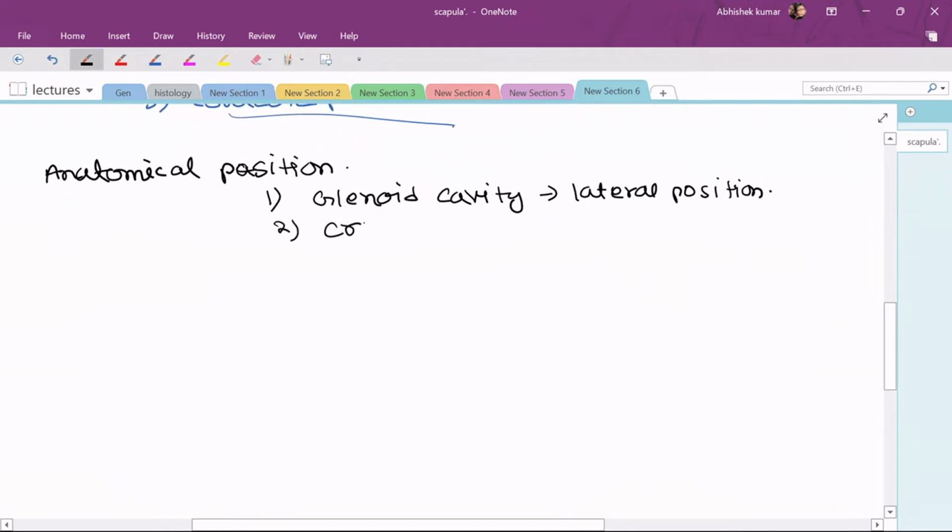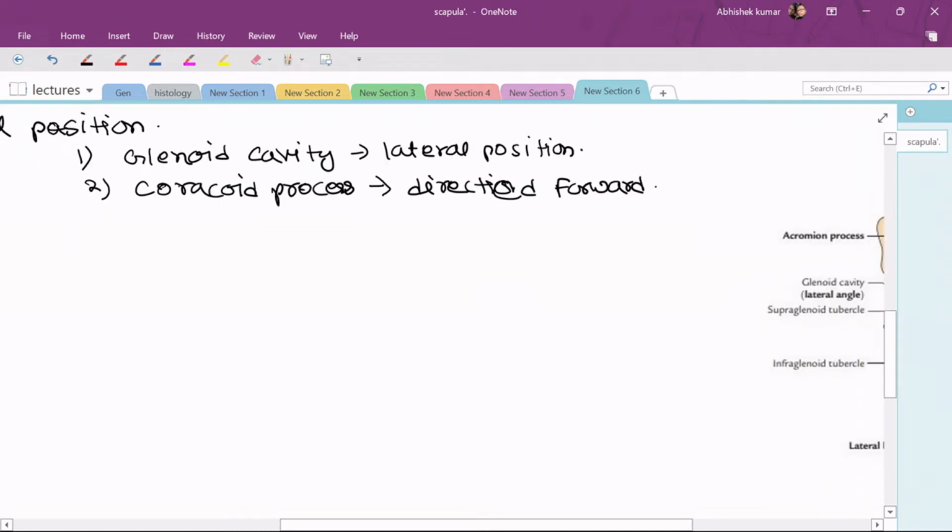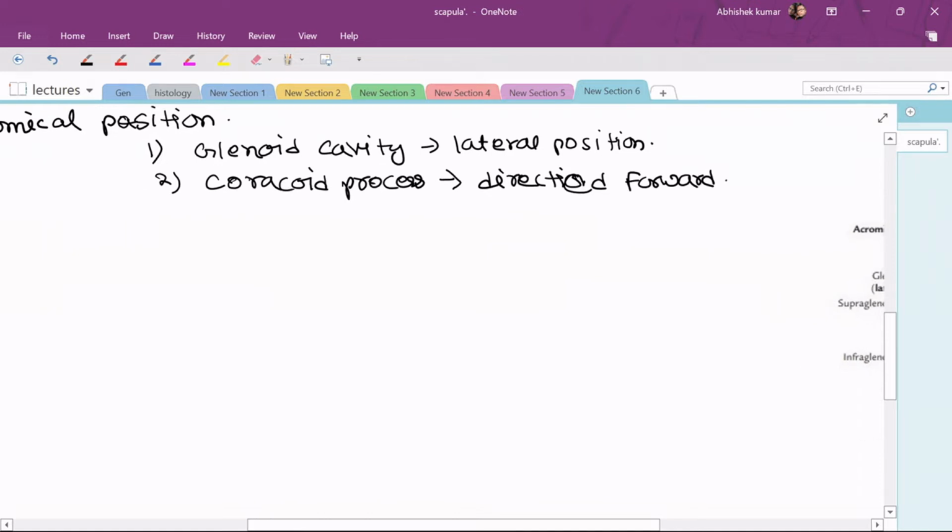Second is your coracoid process, and this process is directed forward. That means it should be in the forward position. Now the third process is your spinous process, and it is directed posteriorly. That means on your back.